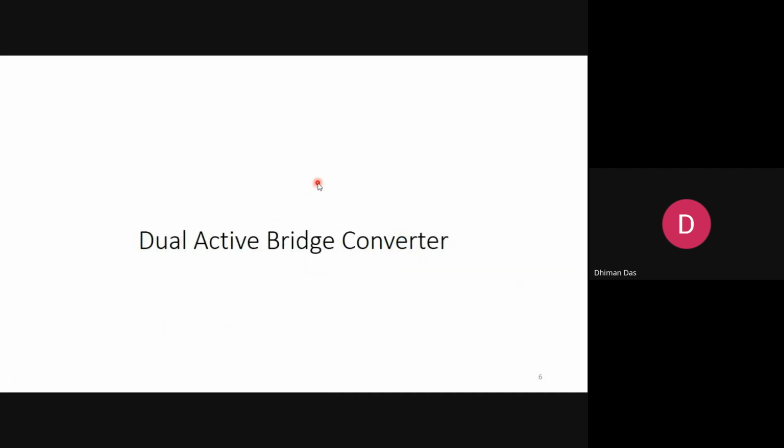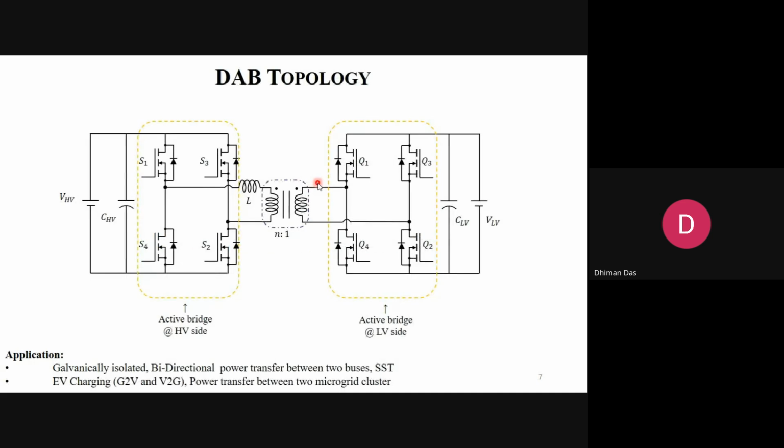Now we come to the dual active bridge converter. So earlier the same converter, now if I replace the secondary side with an active bridge, earlier there were diodes. Now we replace them with another active bridge. So now this is the active high voltage side bridge, and this is the low voltage side bridge. And earlier there was one load.